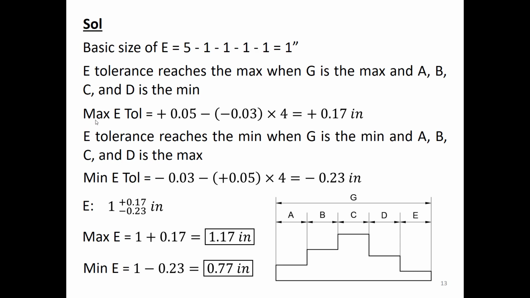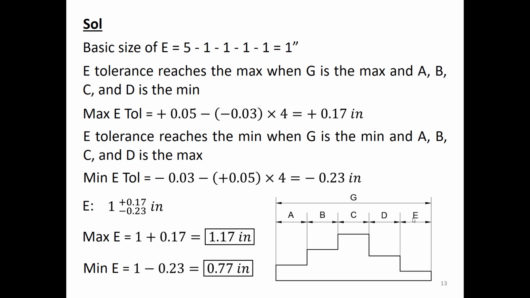First is the maximum size of E. E is going to be the maximum size when G is in the maximum size, and A, B, C, D are all in the minimum size, because you're going to use G subtract all those dimensions.